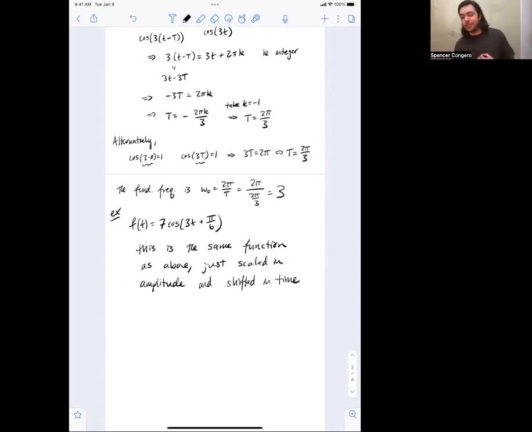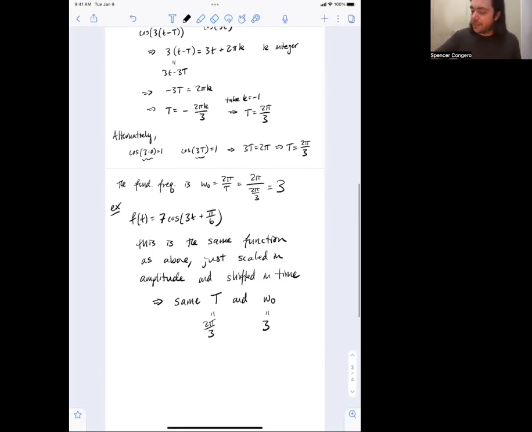Neither of those operations is going to change the period, or how fast this thing is oscillating, the fundamental frequency. So it is the same period and fundamental frequency, which were 2 pi over 3 and 3. You can see it all works out. You would want the frequency to be 3 because it's cosine of 3t, and yes, it is.